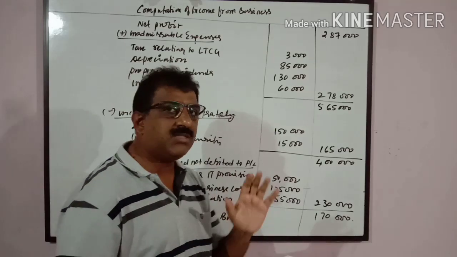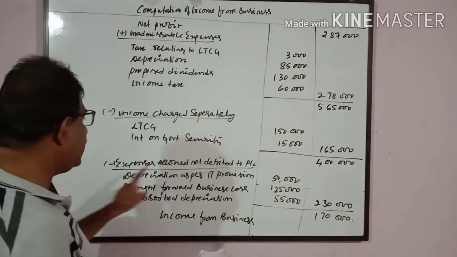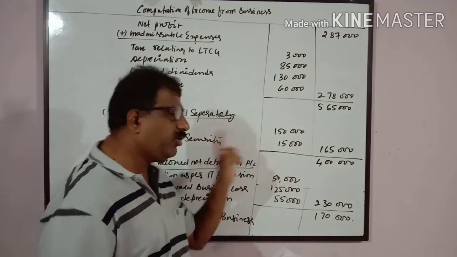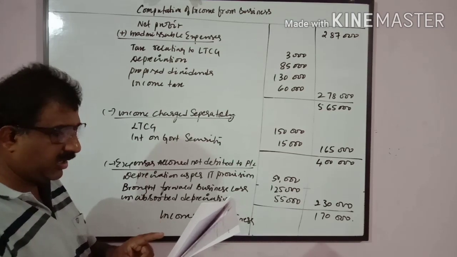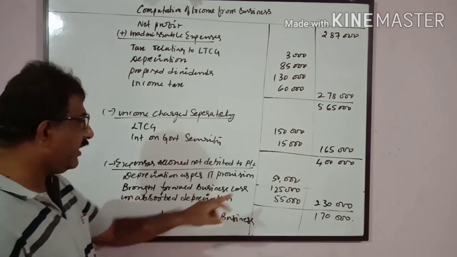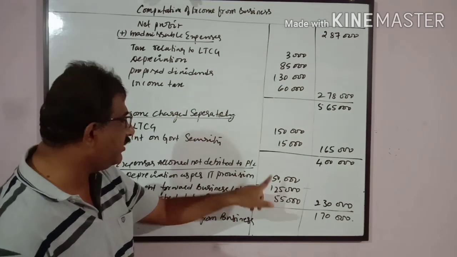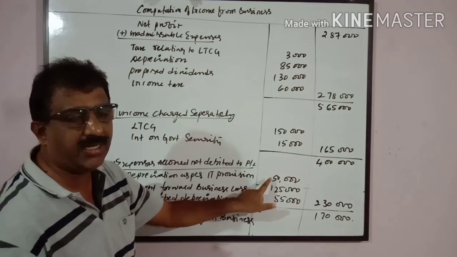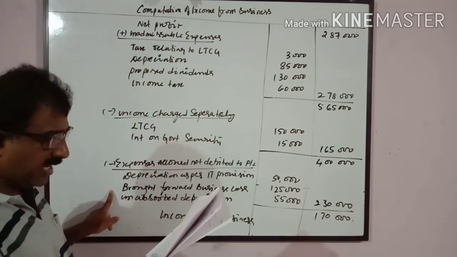Some of the expenses which are allowed but not debited to P&L. Here, depreciation allowable for the year as per the IT Act is 50,000. This I had added back, and this is allowed as per the IT Act, so I will deduct it now. Brought forward business loss is given.